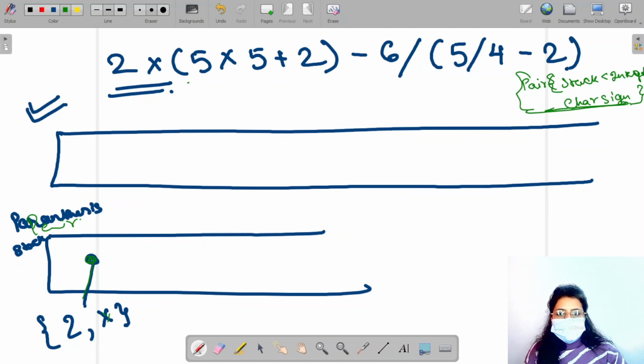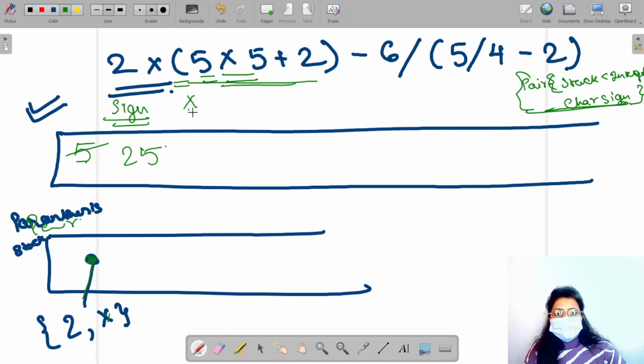So we'll solve the parenthesis. Sign will come here. Now the parenthesis came, right? It will be solved here. Say 5 is here. Then we have multiply. Multiply by 5, what we have? 25. Then plus sign came. What we have? 27.